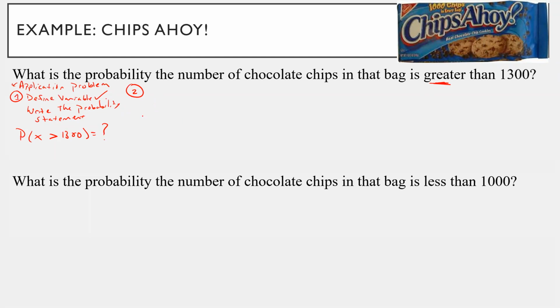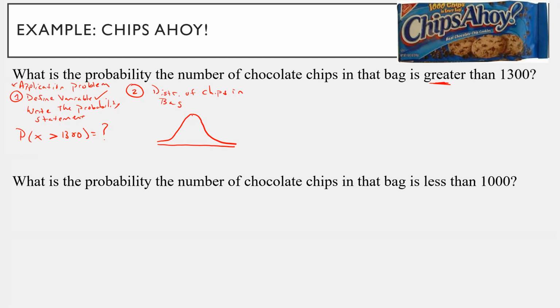Sketch. Yep, perfect. Trust me on this, please just draw the curve. So what we're doing here is we're drawing the distribution of chips in a bag. So we know that the distribution is normally distributed.